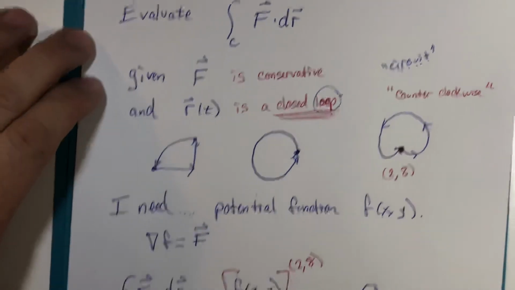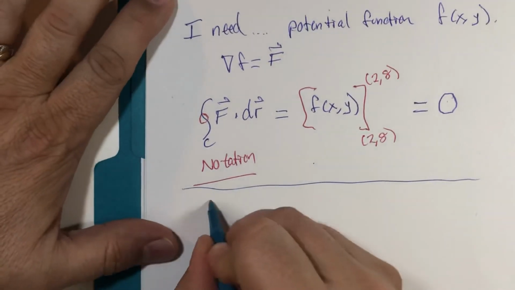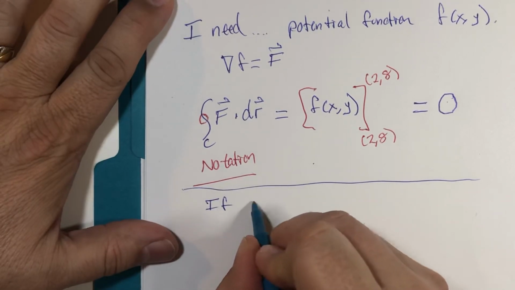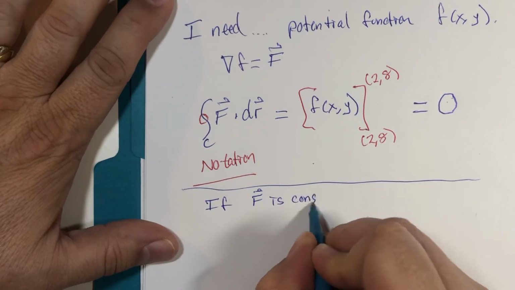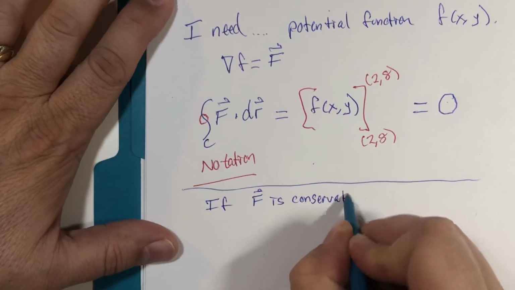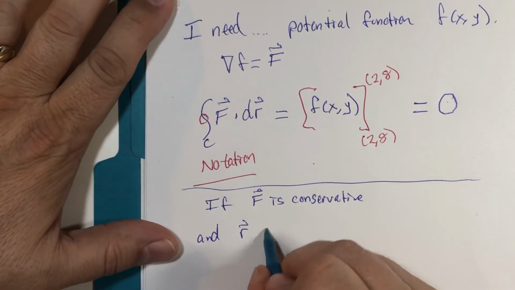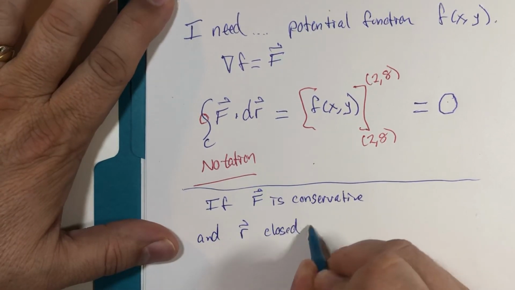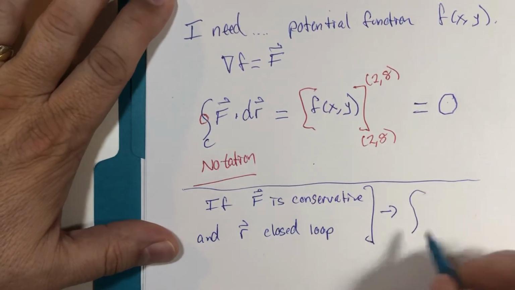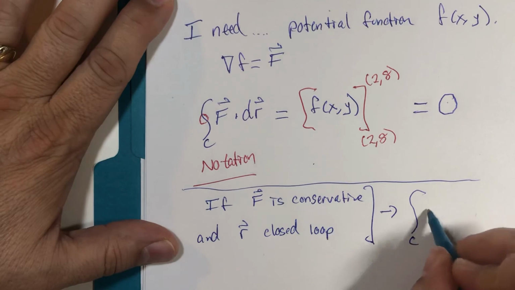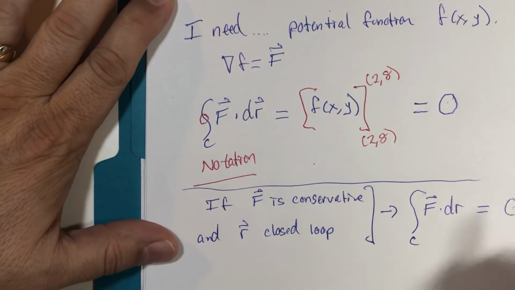So, my students, summary. If F is conservative and r is a closed loop or path, those two are enough to justify that the work will be 0.